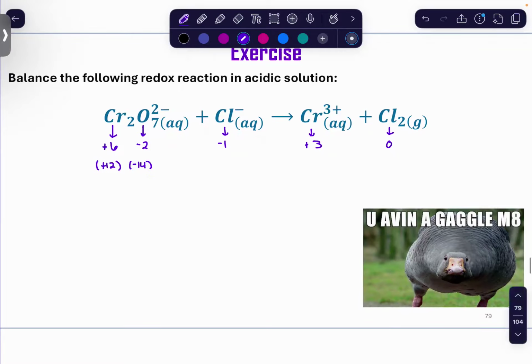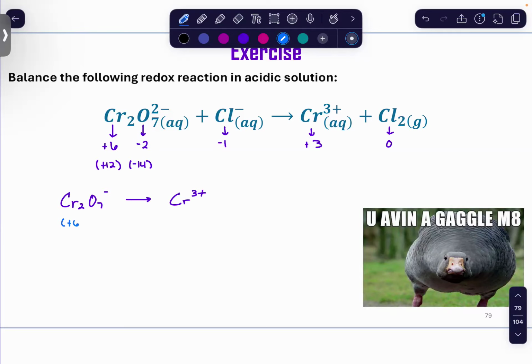Okay, half reactions. Dichromate. I guess that's the reduction half reaction, doesn't matter. Or that chromium is a +6.